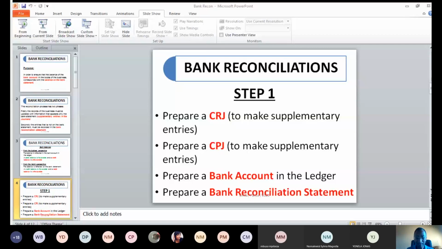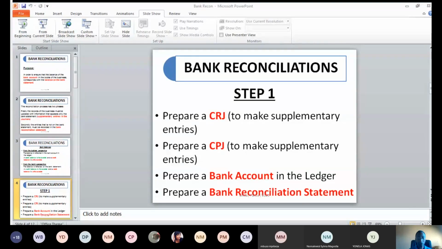If it's a debit balance, it's unfavorable. Sometimes in a question paper, they will tell you credit balance as per bank statement, or sometimes they will tell you a favorable or unfavorable balance as per bank statement. It is important, therefore, for you to know when the balance is favorable or unfavorable.